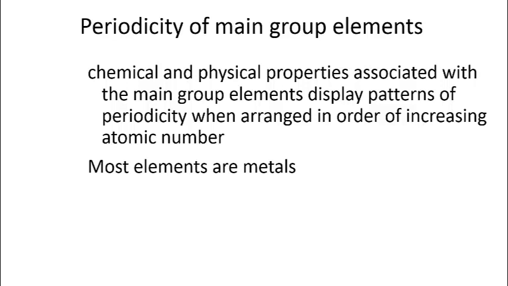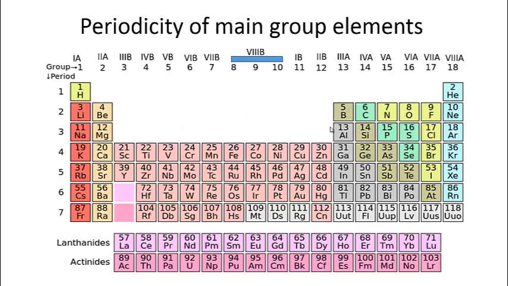house. Now, we've showed this many times before, but all of the elements to the left of this staircase on the periodic table display metallic properties. The one exception is hydrogen.